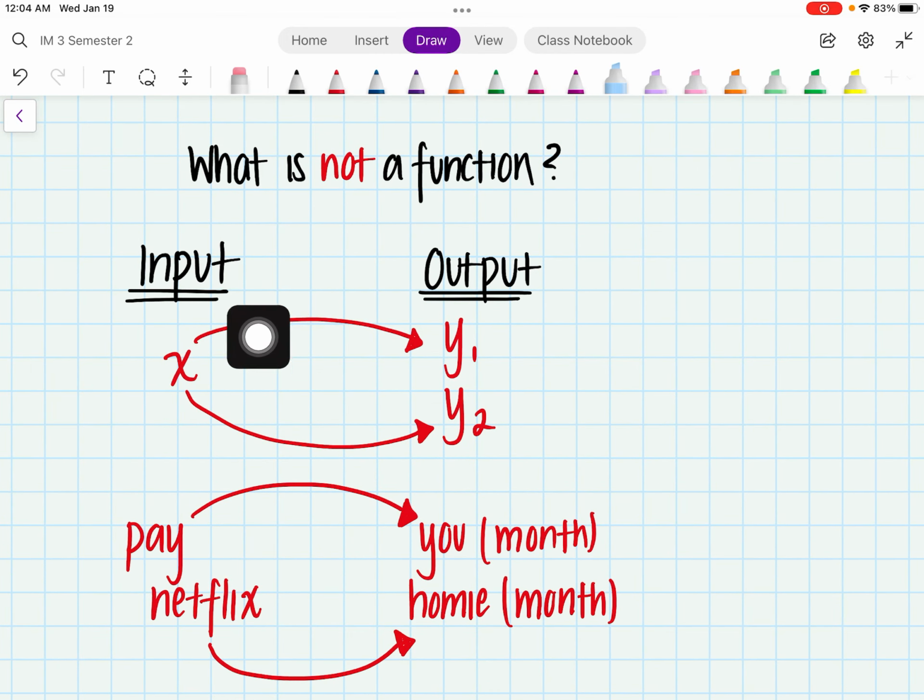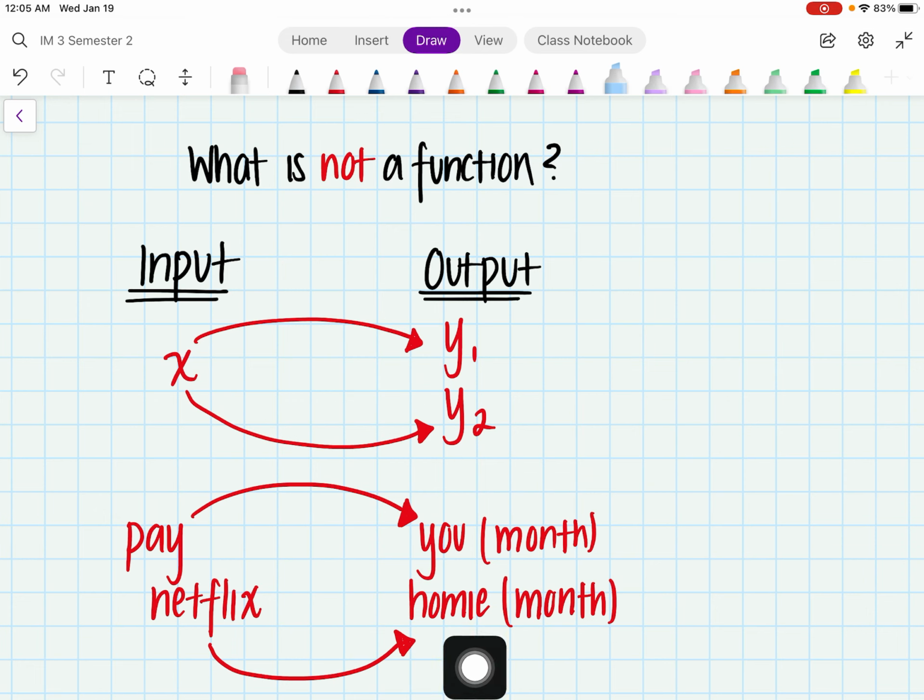A few things where something is not considered a function is, for example, if you have one x value, and that same x value has two different y values. So let's say maybe this is 5, and this y value is a 0, and this one's a 2. So this would not be considered a function because one x has two y values, where instead one x should only have one.